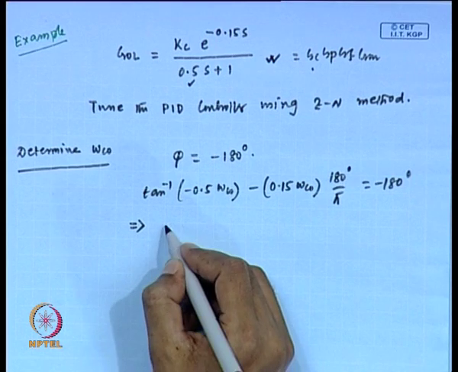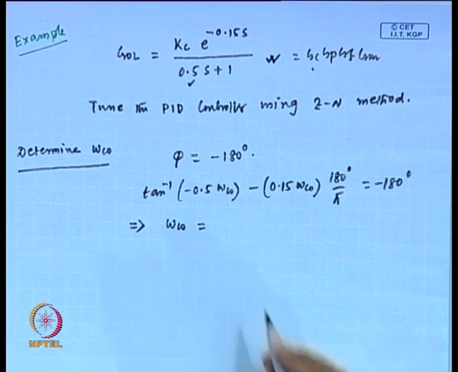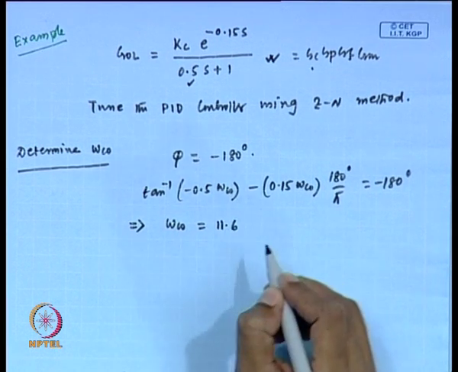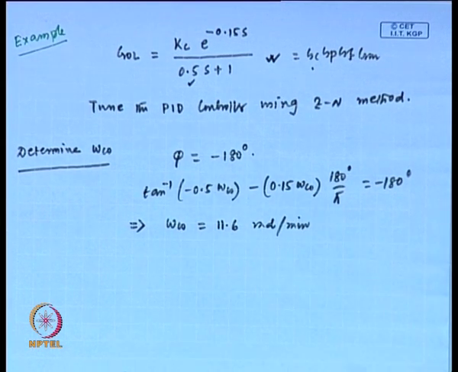If you solve, you will obtain crossover frequency as 11.6 radian per minute. This is the value for crossover frequency.